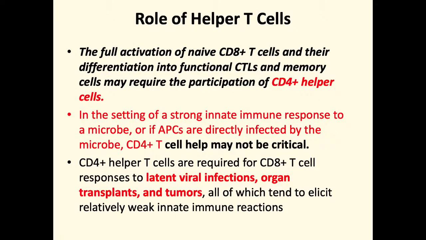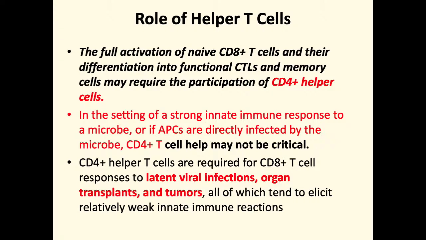And also, as I told you, sometimes we have latent viral infections, or some cancers that need to be eliminated from our cells, and they need to activate T cells.